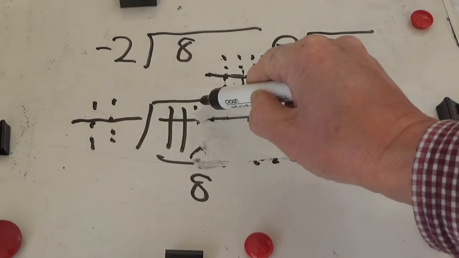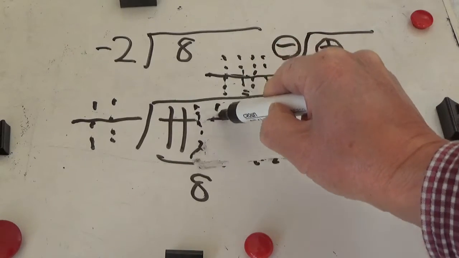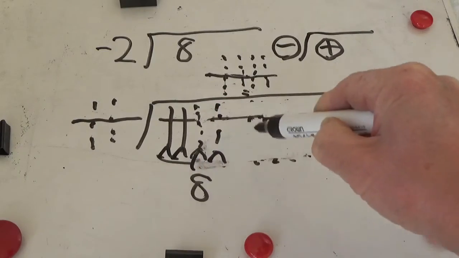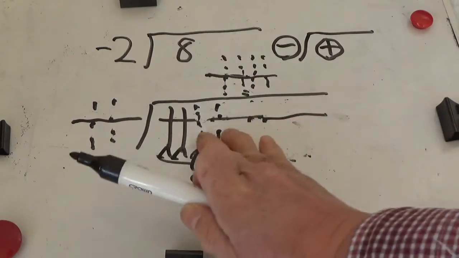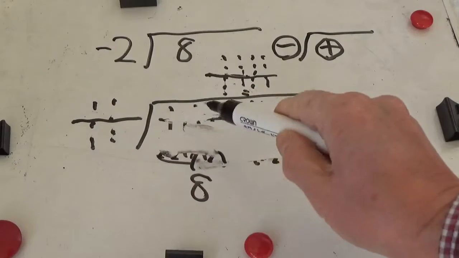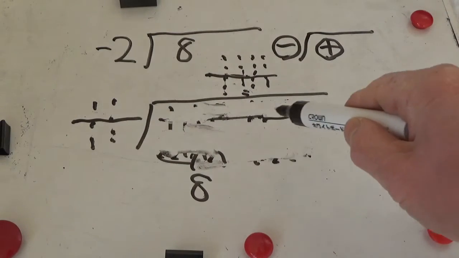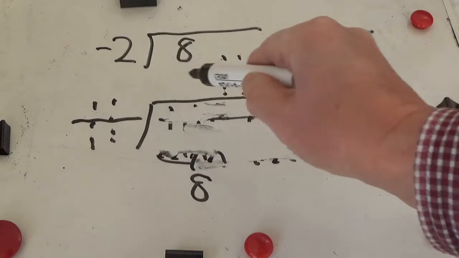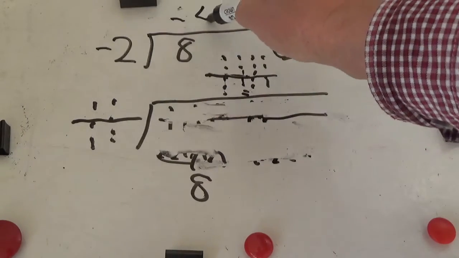Four times. Add 4 times. This vanishes, this vanishes. So it becomes 0. So 8 divided by minus 2 is minus 4.